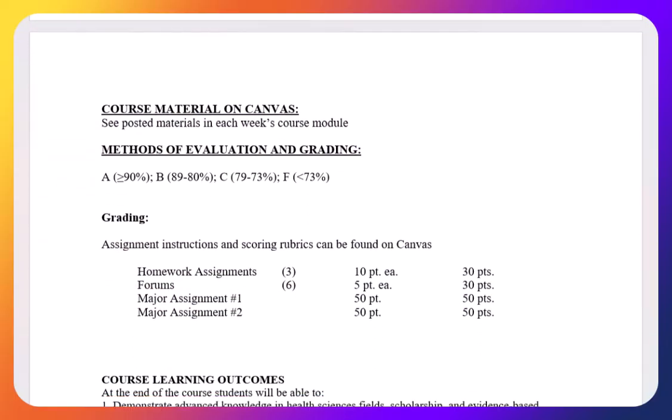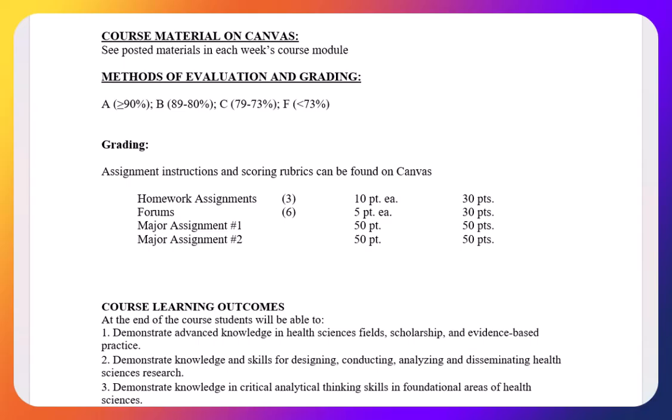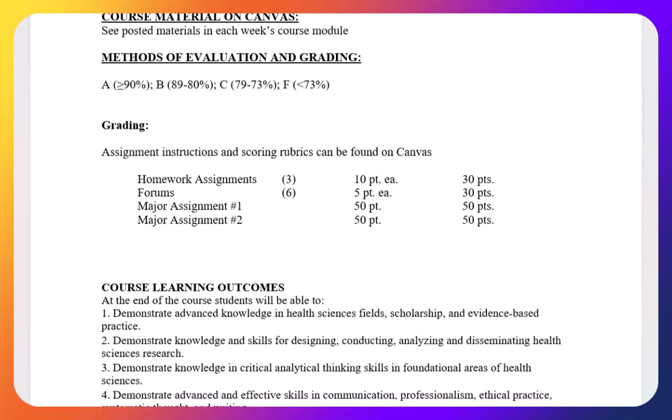Here's the grading coursework breakdown for A, B, and C scores. You're going to have 3 homework assignments, worth 10 points each. There are 6 forums, and then there is major assignment 1 and major assignment 2.